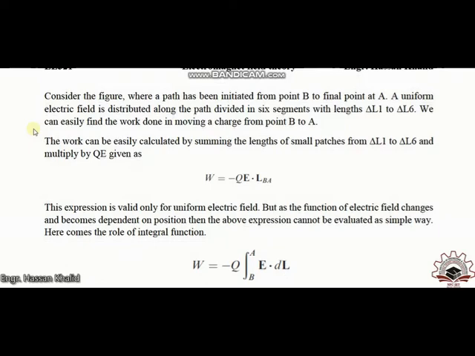We can easily find the work done in moving a charge from B to A by just summing the lengths of the patches and placing them into this equation, which is W equals minus Q E dot L, where L is the length of the path from B to A, assuming that the electric field is uniform. This is the total work done by the charge moving from point B to A.